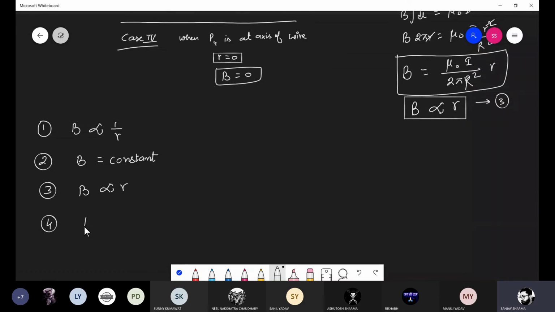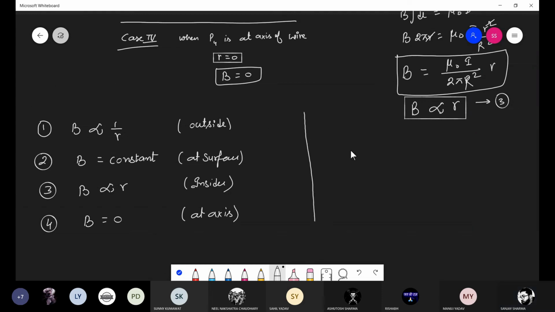And number 4th result, B is equal to 0. When the point is outside, this is the result for outside. At surface, inside, at axis. This is the conclusion.